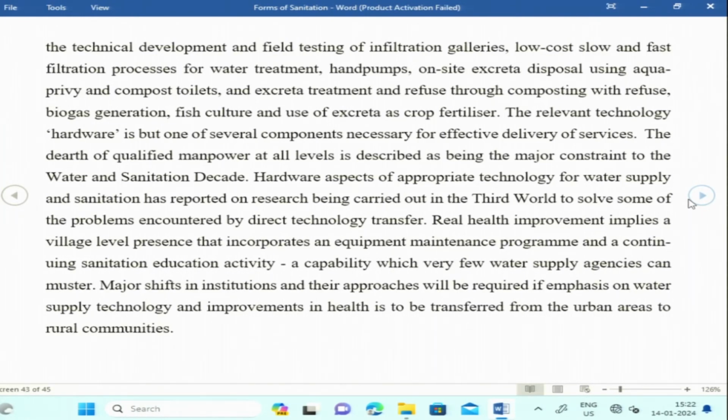APJ Abdul Kalam, our former president, emphasized how urban infrastructure can be provided to rural areas, which is normally called PURA, that is, providing urban infrastructure to rural areas. That is where the strength of the technology lies: how the technology has to reach the grassroots, and reach the maximum number of people. That of course is going to be an important aspect.